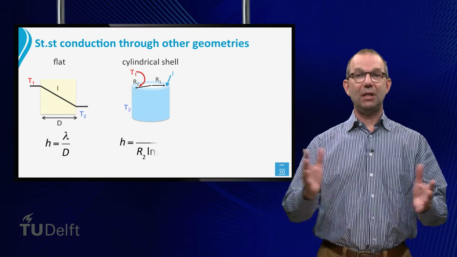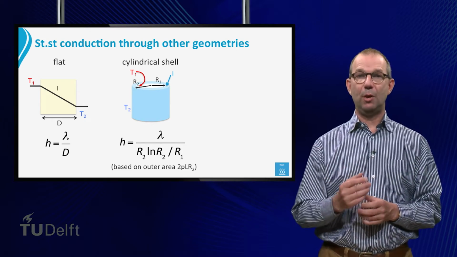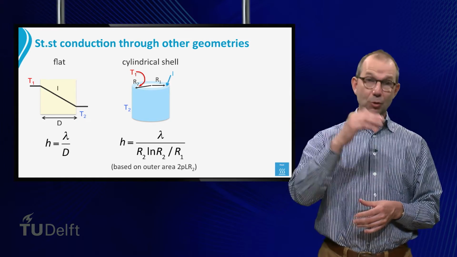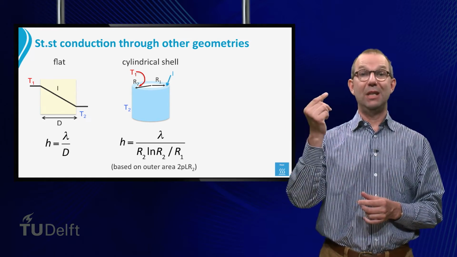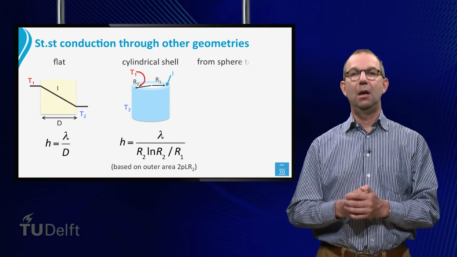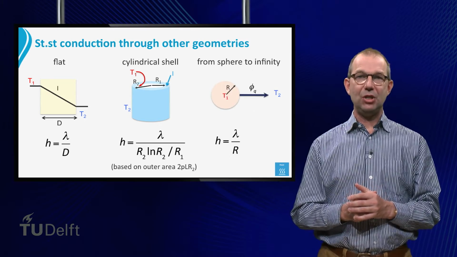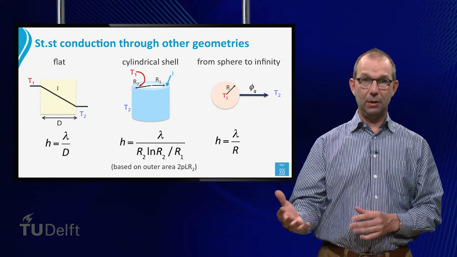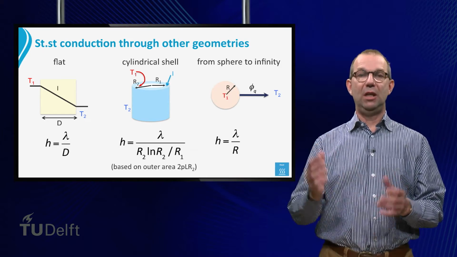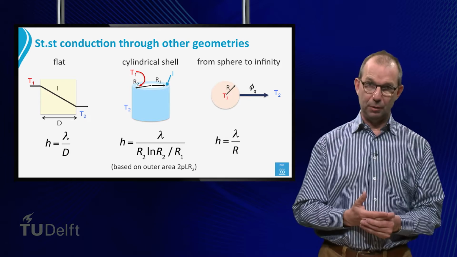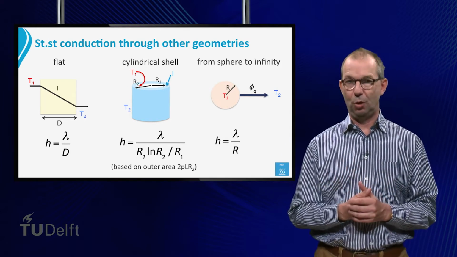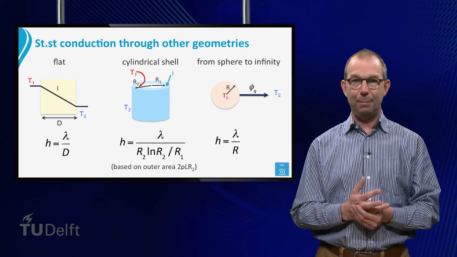Similarly, steady-state heat conduction through a cylindrical wall is given by h is lambda over the outer radius and over the natural logarithm of the ratio of outer to inner diameter. Likewise, steady-state conduction from a surface of a sphere into the surrounding medium is captured by stating h equals lambda over the radius of the sphere. These compact forms are very useful when it comes to problem solving. We will see this in the examples and exercises.